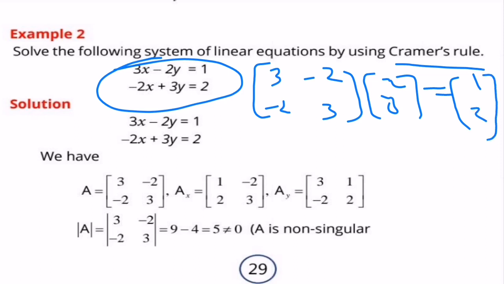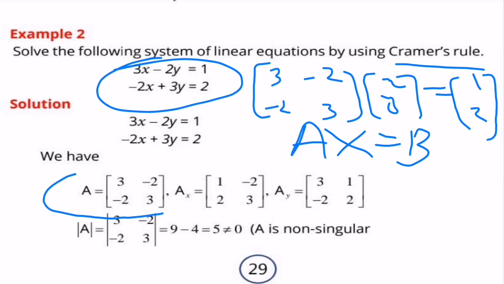Now this matrix is A. The variable matrix is considered capital X and the constant matrix is B. Here matrix A is equal to 3, minus 2, minus 2, 3.